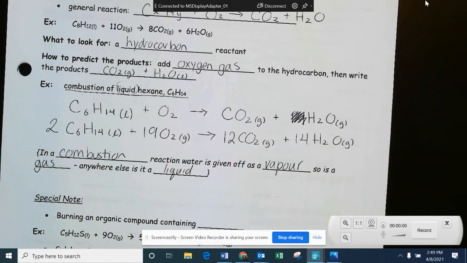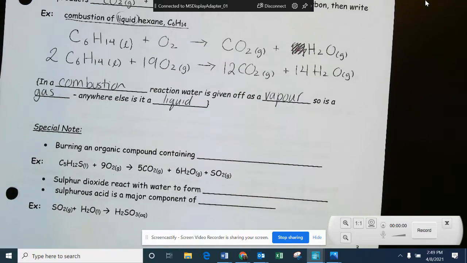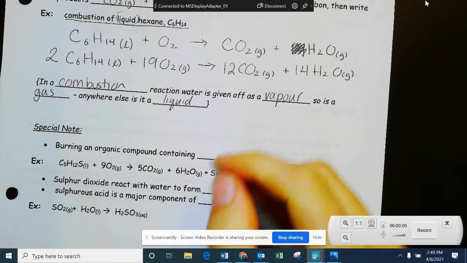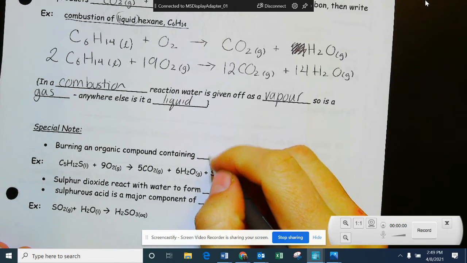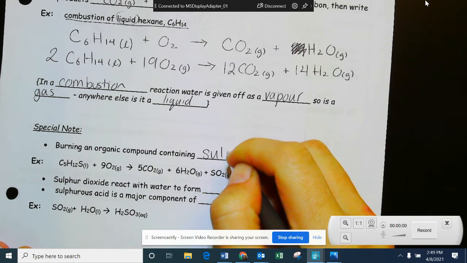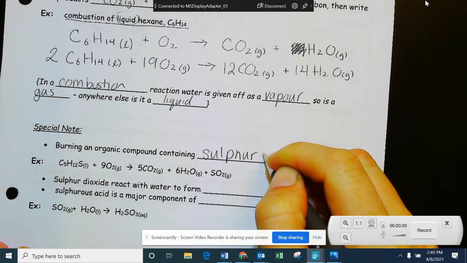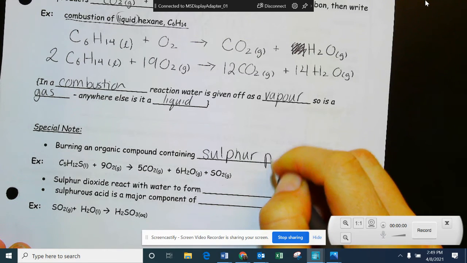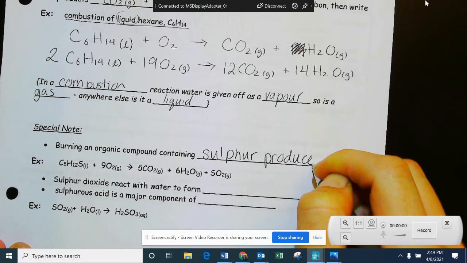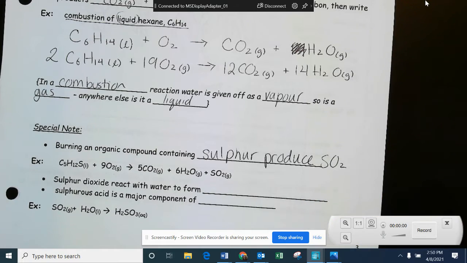Okay, and then there is another kind of special little type of hydrocarbon. Some hydrocarbons contain sulfur, so S, and they will also produce SO2 in addition to the water and the carbon dioxide.